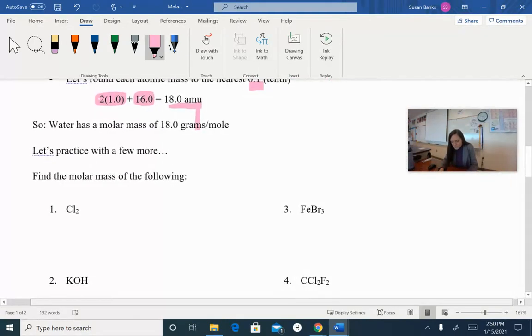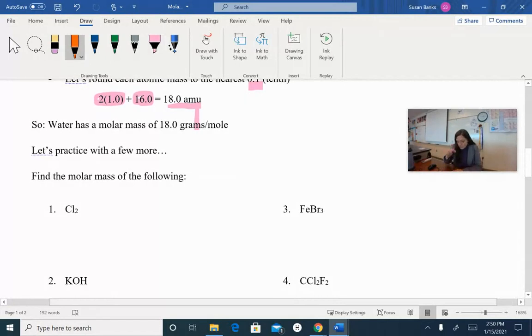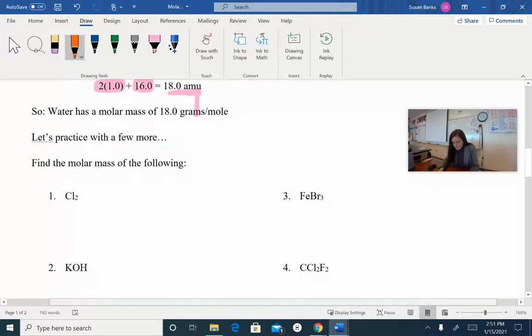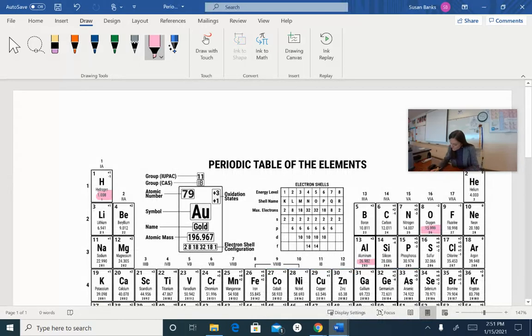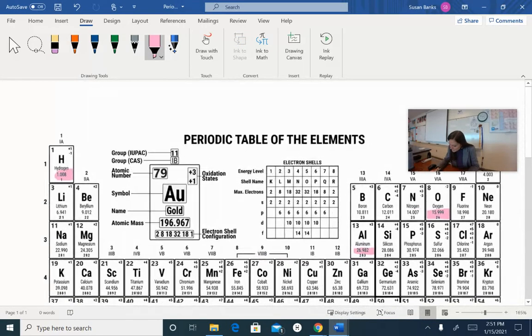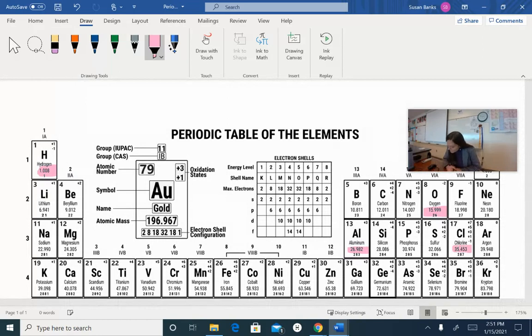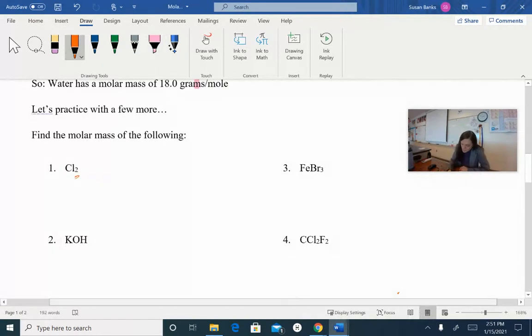I want to find the molecular mass of the following. Let's start with chlorine. Chlorine is diatomic, so there are 2 atoms of chlorine that stick together. Let's look at chlorine here on our periodic table. It's 35.45, and that 5 is going to tell that 4 to round up to a 5, so we're going to call that 35.5.